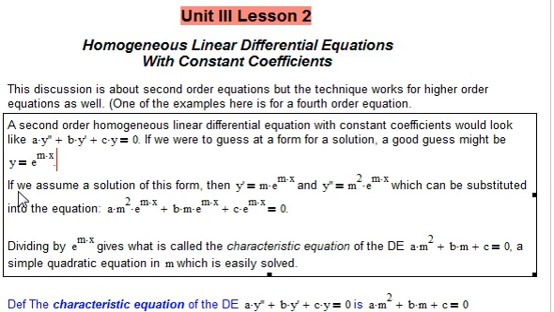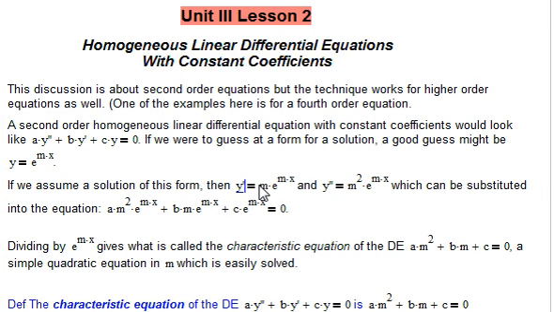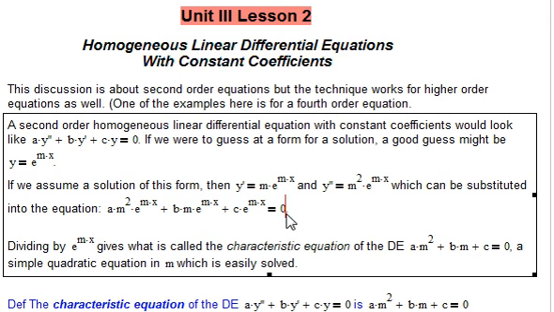So here's the story. If we assume a solution of that form, then y prime, of course, would be equal to m times e to the mx. And y double prime would be m squared times e to the mx. And so, if we substitute back into the equation, we get a m squared e to the mx plus b m times e to the mx plus c times e to the mx equal to 0.